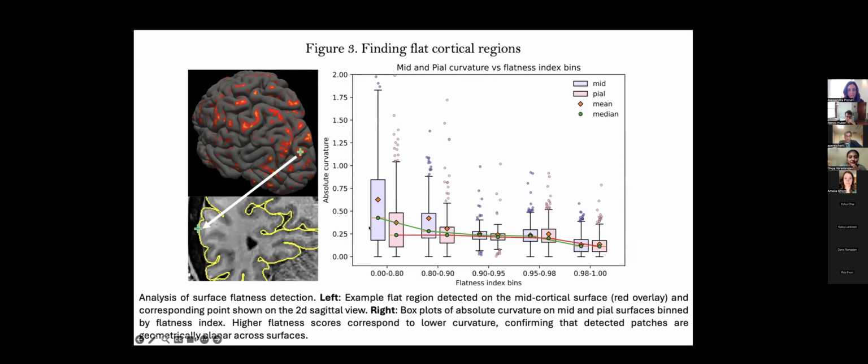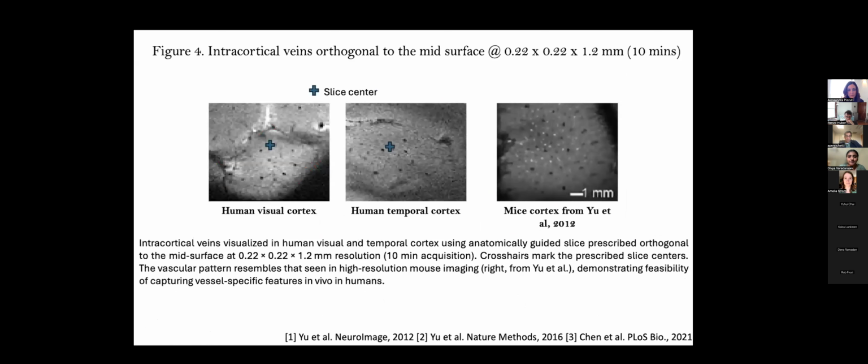So once we had this flat region, we put a slice there with 220 micron in-plane resolution and 1.2 millimeter slice thickness. And this is a pretty important experiment because most mice studies are done at the intracortical vessel level and not necessarily at the pial vessel level.